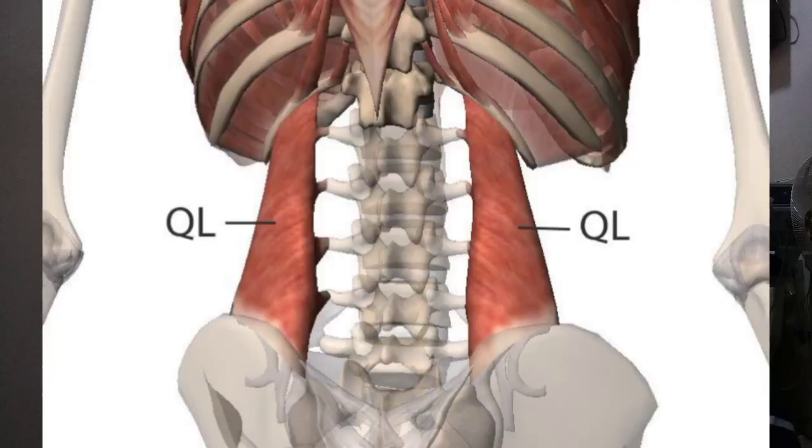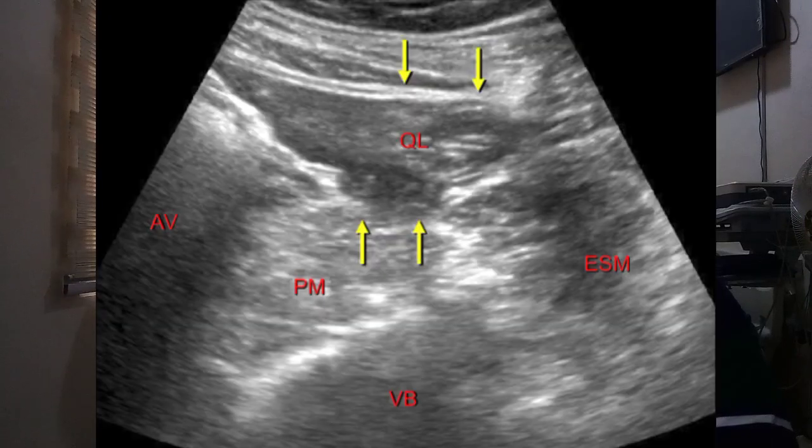And this is an image of the quadratus lumborum and the origin and insertions. And this is an ultrasound image of the quadratus lumborum. You see that triangular appearance.